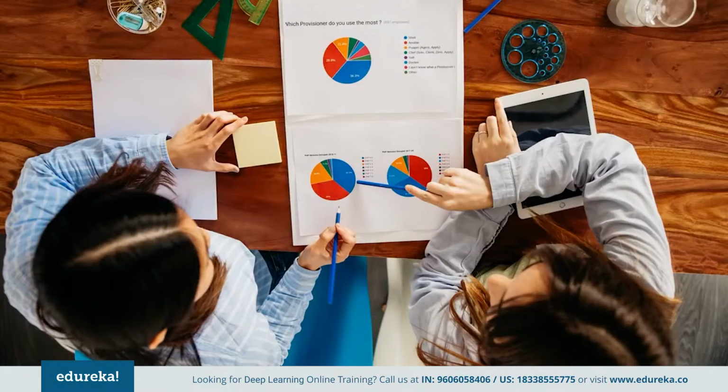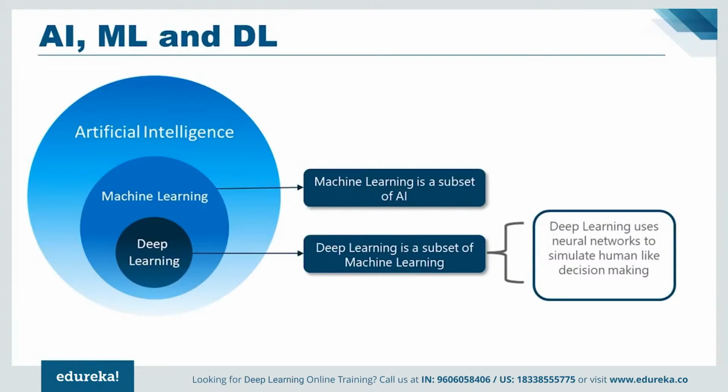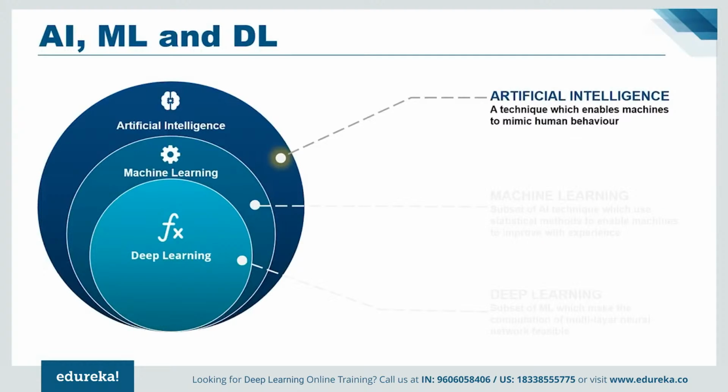Now before talking about deep learning, one must understand its relationship with machine learning and artificial intelligence in terms of data science. If you have a look at the picture here, you can see that data science is the superset, and inside we have artificial intelligence, inside that we have machine learning, and inside that we have deep learning. Data science is an extraction of knowledge from data using different techniques and algorithms, whereas AI, or artificial intelligence, is a technique which enables machines to mimic human behavior.